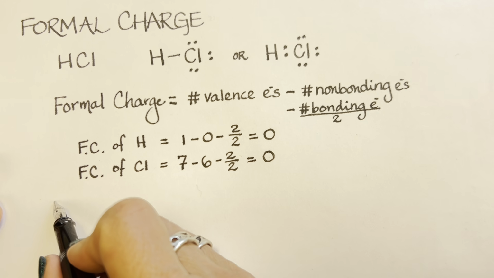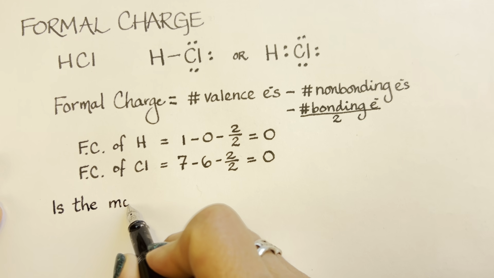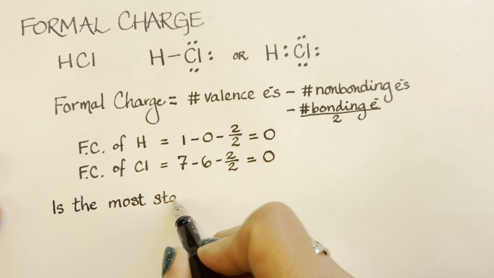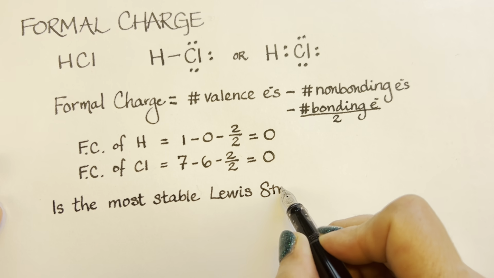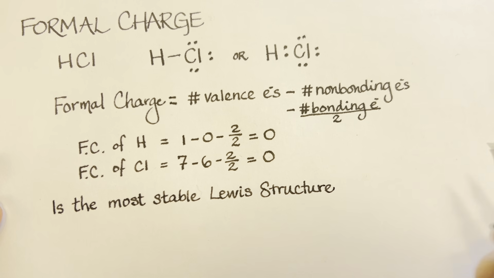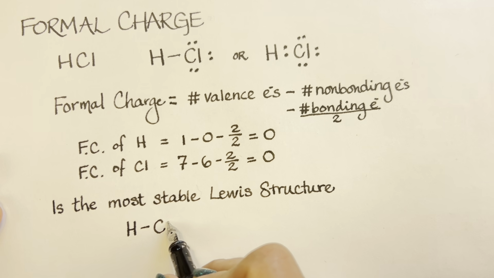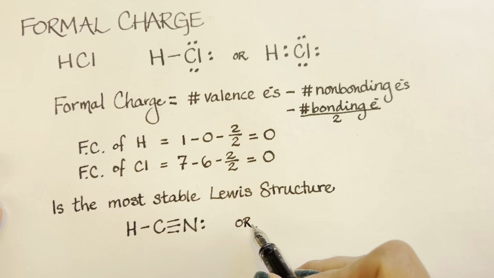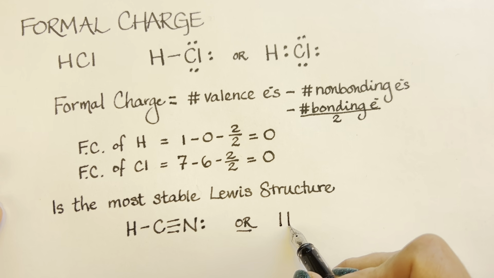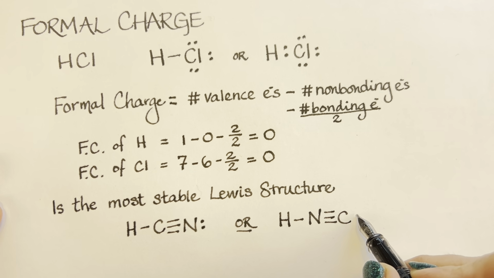And if we asked ourselves, is the most stable Lewis structure H, C, N, or is it H, N, C?